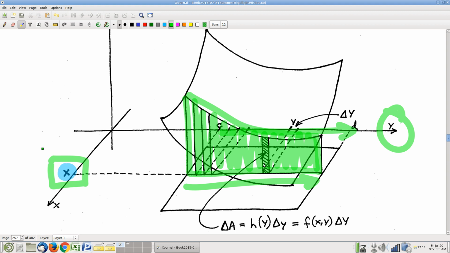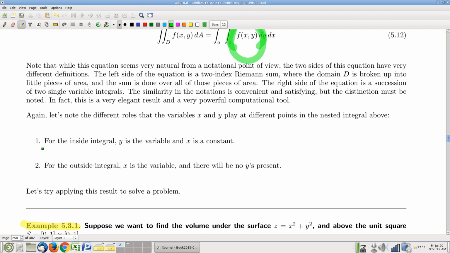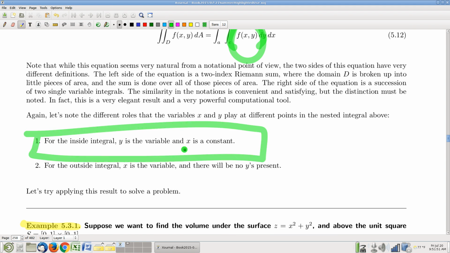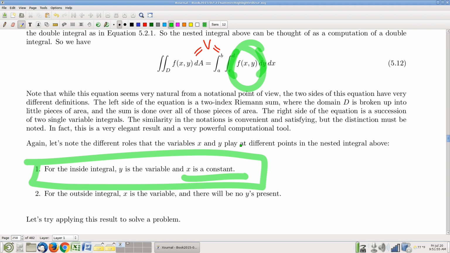So we're going to treat x like a constant, because it is a constant. Right? For the purposes of what we're computing here, we're trying to compute that cross-sectional area for a given value of x. That means leave x alone. Don't let it change. It's a constant. Right? So x is a constant in that inside integral. Yeah? Everybody happy?